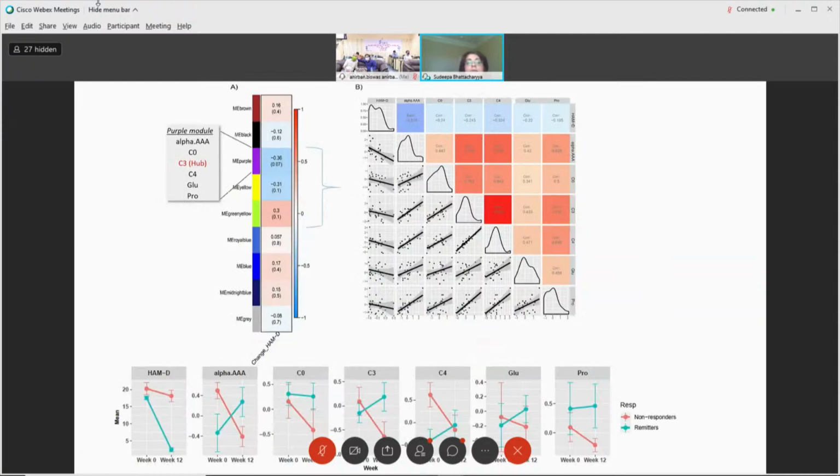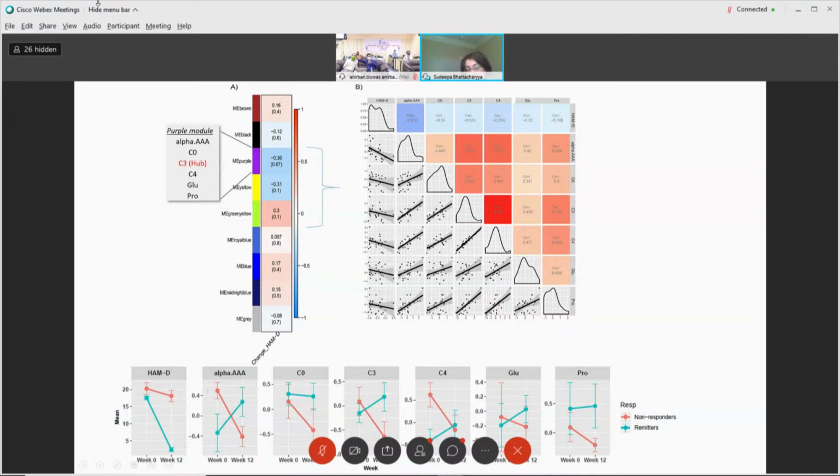If you look at the purple module, we looked at how these metabolites are correlated with each other, and also how they related to the HAM-D depression scores. And you can see there were definitely correlations with HAM-D in the first column, and the metabolites were strongly correlated to each other.